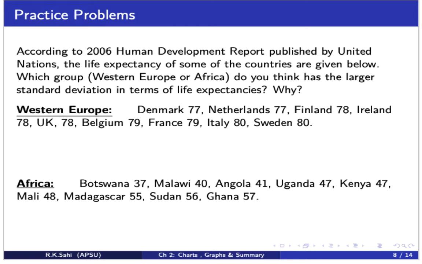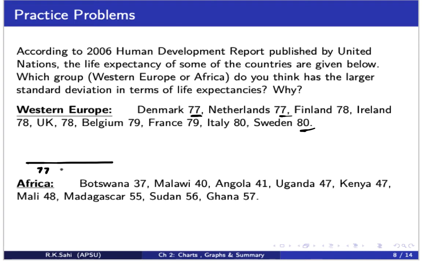So what I'm going to do is, I'm going to first look at the highest and the lowest, and that automatically gives me an idea how spread the data set is. So let's look at this one. In Western Europe, we have 77, 78, 79, and 80. If I make a dot plot, that will automatically give me a nicer picture. We have only 4 values.